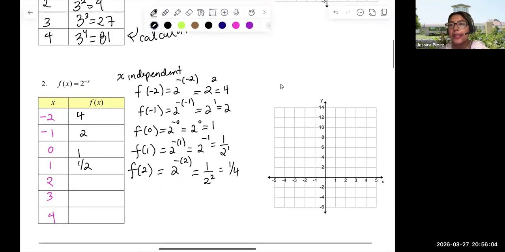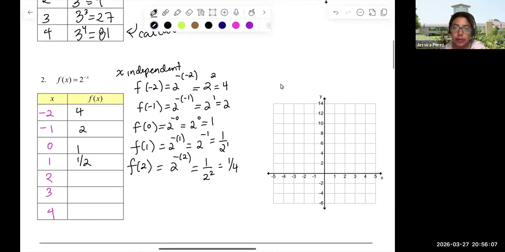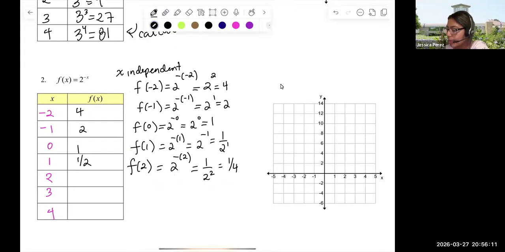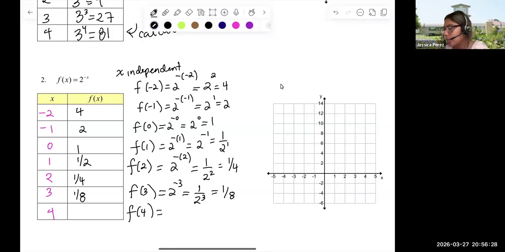Remember, you do have the capacity on your calculator to substitute the functions in graphs, so I'm going to show you how to do that too. f of 3 is 2 to the negative 3, because I'm substituting 3, so 1 over 2 to the third, or 1 over 8. And lastly, f of 4 is 2 to the negative 4, so it's 1 over 2 to the fourth, which is 1 over 16.